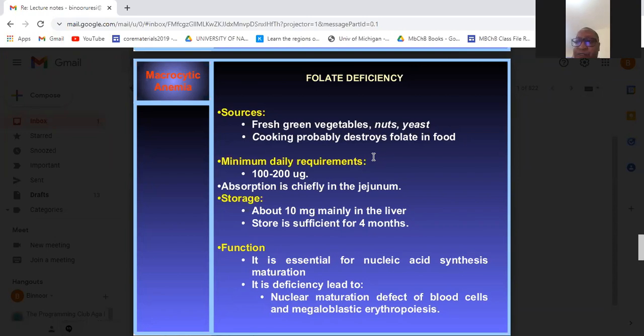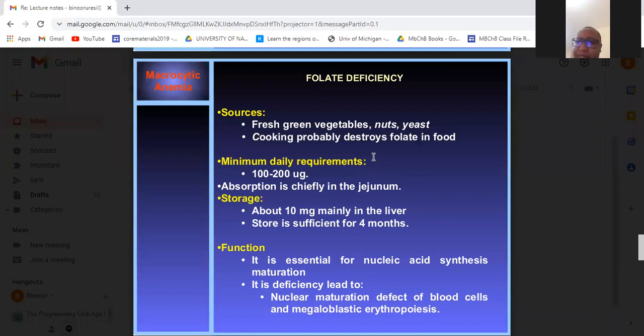The consequence is that folate deficiency is the commonest cause of macrocytic anemia, given that most of us overcook our vegetables, our sukuma wiki, we rarely eat salads, we don't eat fresh vegetables. Most Africans end up having folate deficiency.